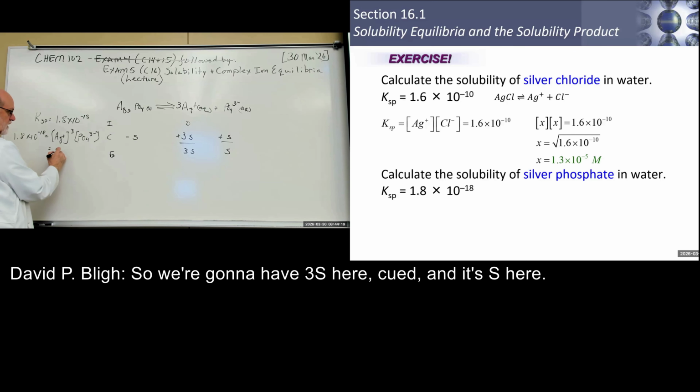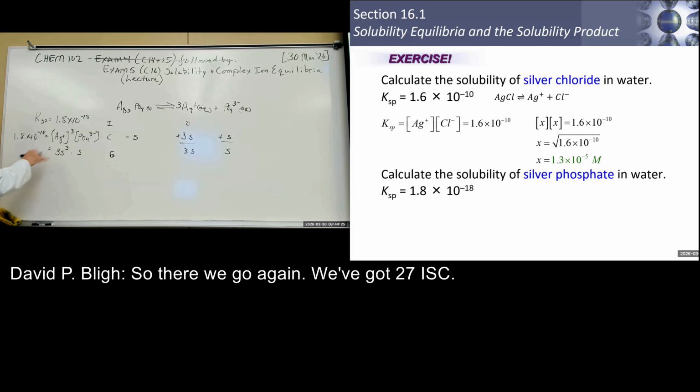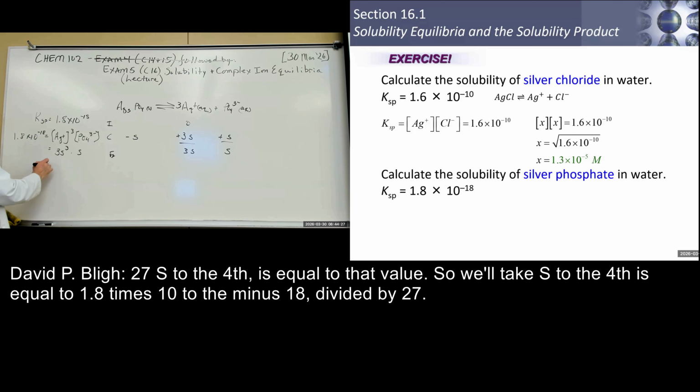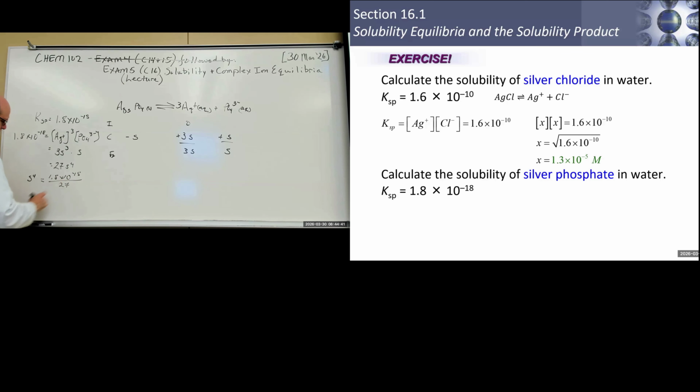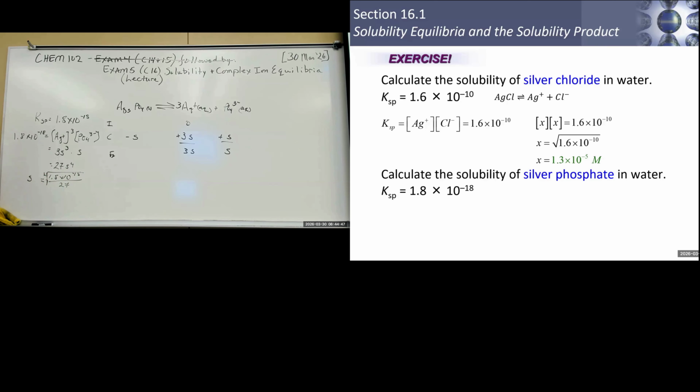Then we can put in variables. So we're going to have 3s here cubed and s here. So there we go again. We've got 27s to the 4th is equal to that value. So s to the 4th is equal to 1.8 times 10 to the minus 18 divided by 27. And then we'll just take the 4th root of that.